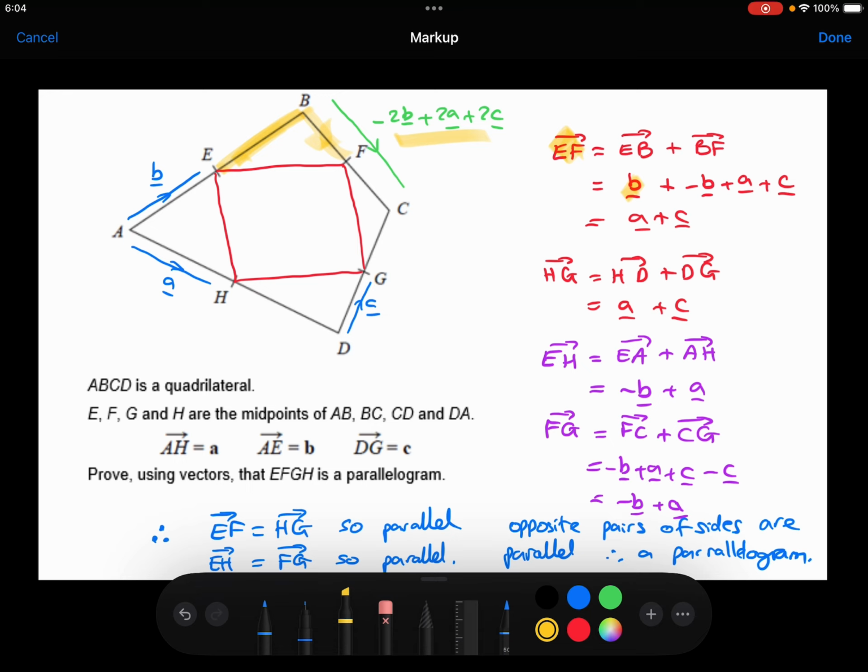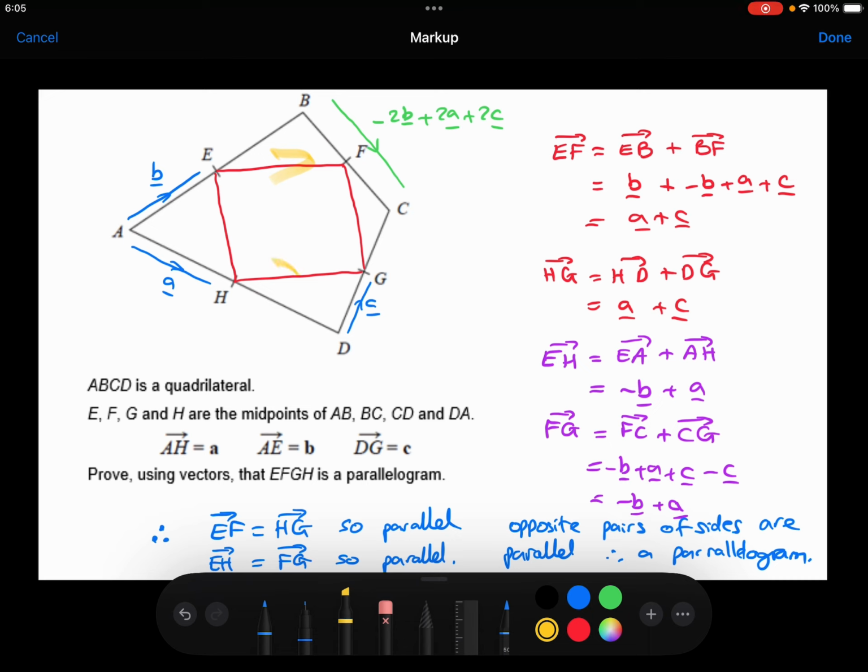So half of the minus 2B is minus B, half of the 2A is A, and half of the 2C is C. Then, collecting those like terms together, the B's cancel out, and I just get left with A plus C. So we've worked out that the vector E to F is A plus C.